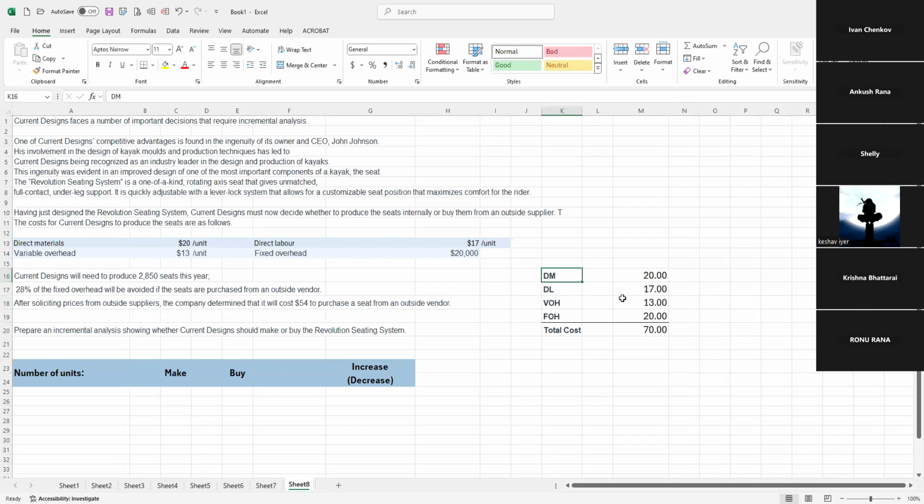At this point, it costs me $70, correct? No, professor. Hold on, the fixed overhead is 20,000 overall, that's not per unit. Oh, yes, okay. The fixed cost. I see it. How much is the 20,000?